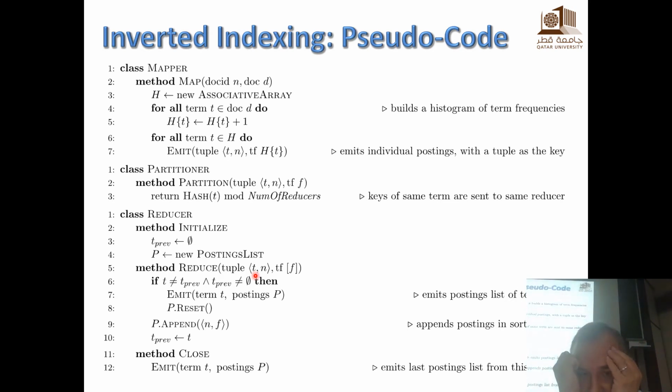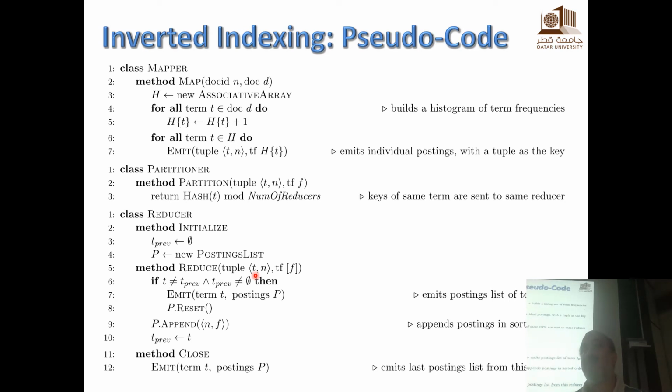First, let me ask you a question. Usually, when we talk about a reduce function, we have a key and a list of values, right? Because that's the output from the shuffling, which is a group-by function. Is that the case here?